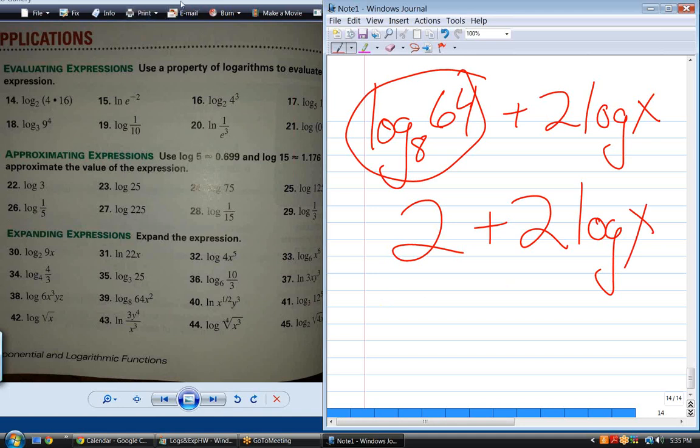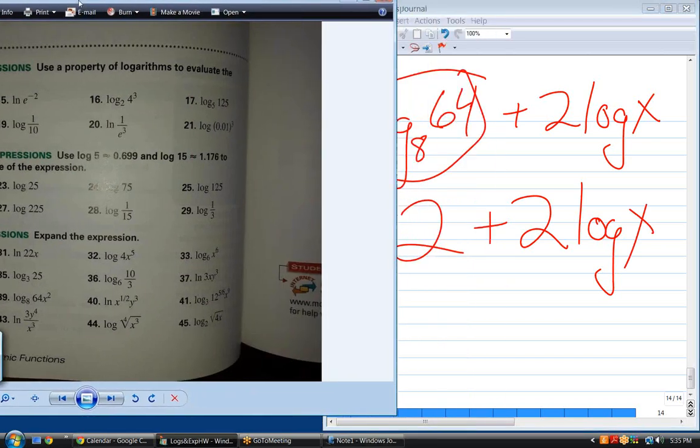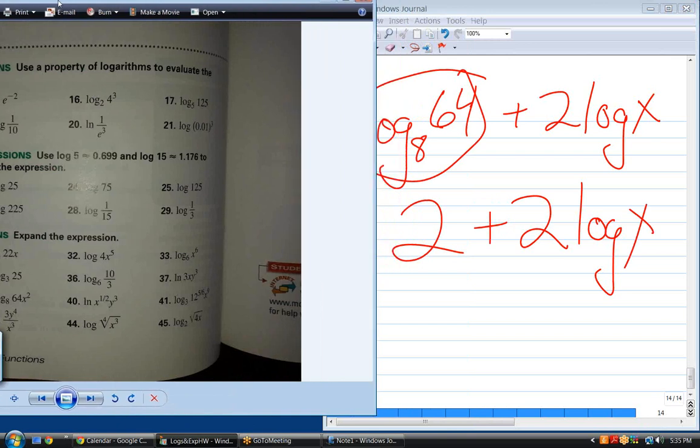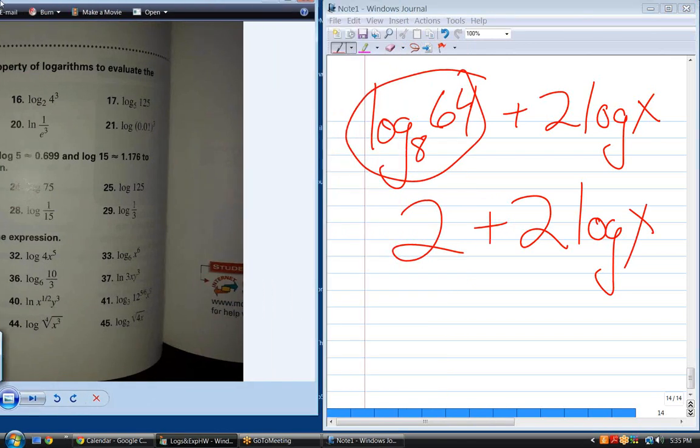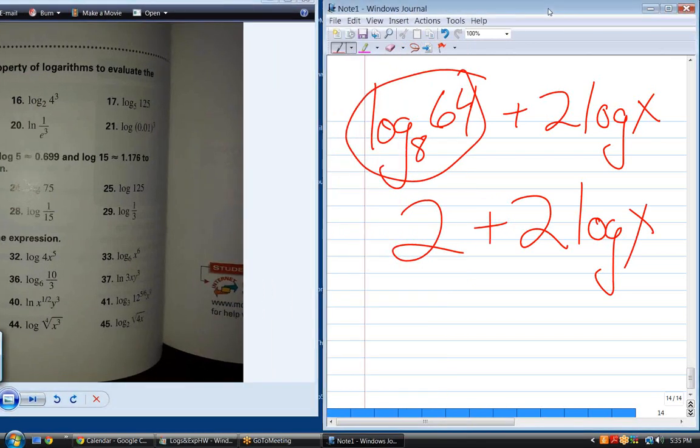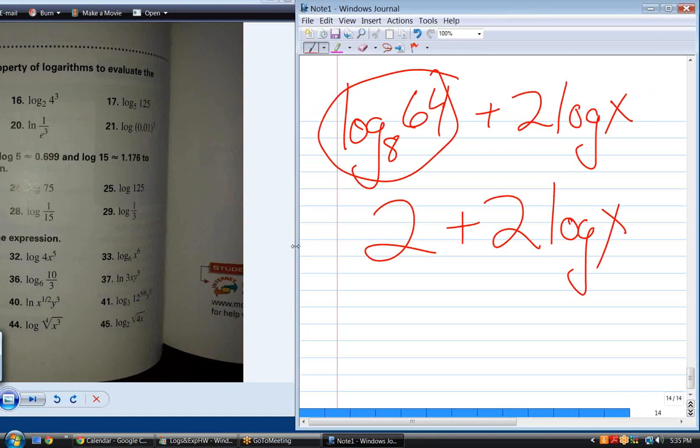Which is fine. I know you know how to do 40. How about 41? 6 log base 3 of 12 plus 9 log base 3 of x. Good.